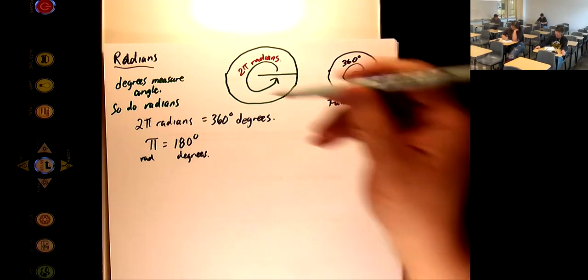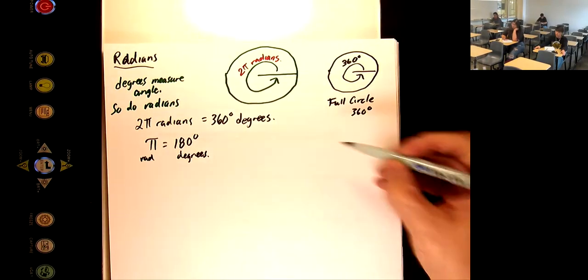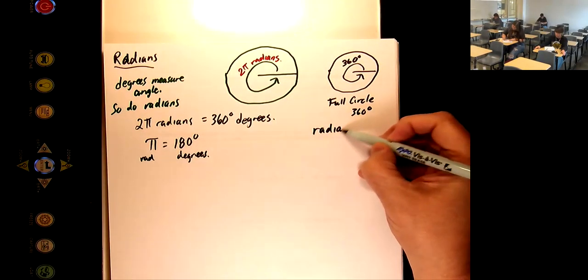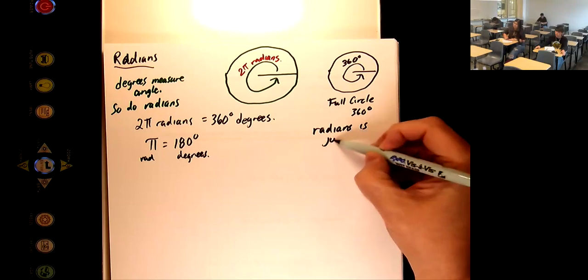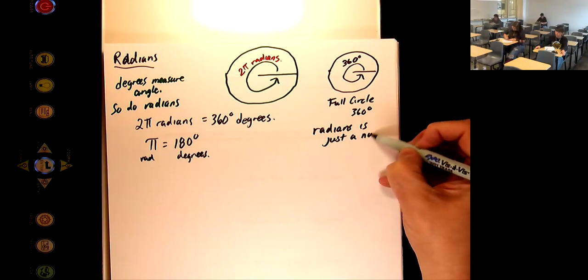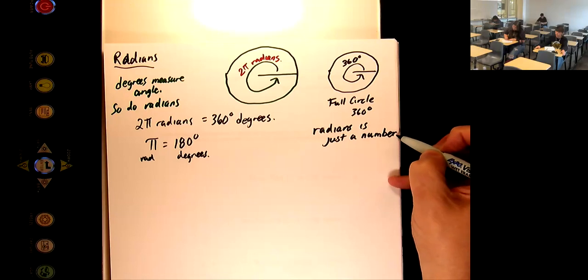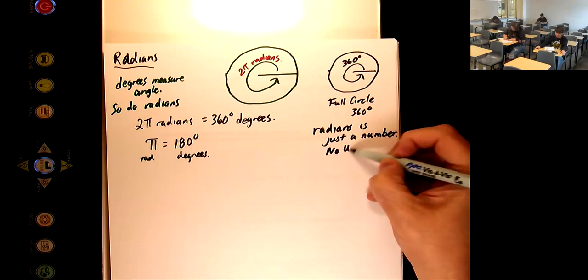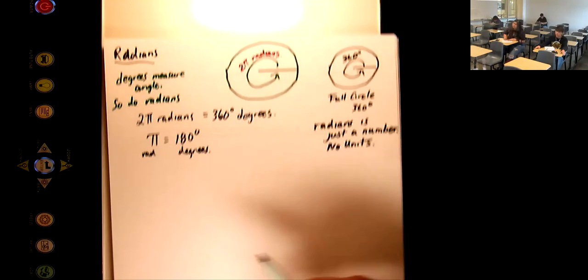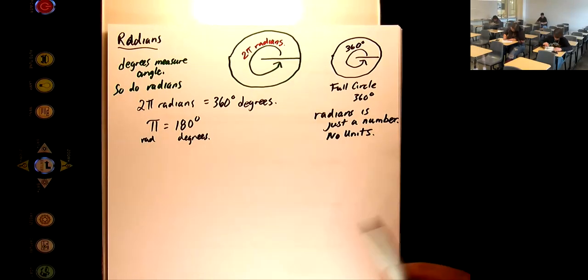Radians, though, is just a number. No units on it. Whereas the degrees have units on it, they have degrees.